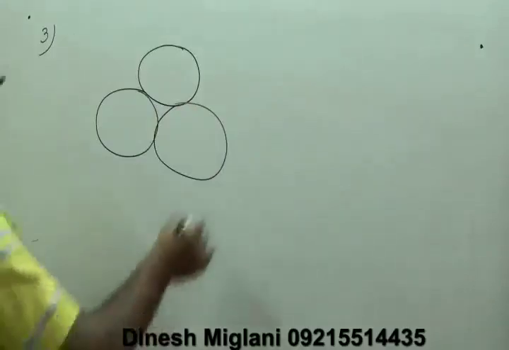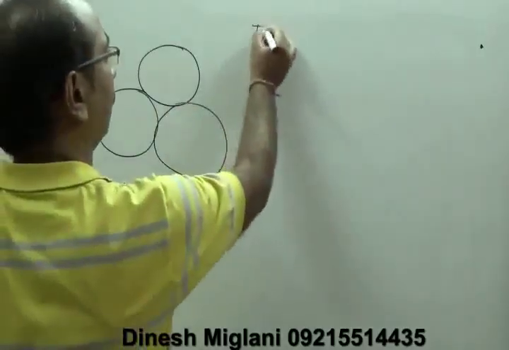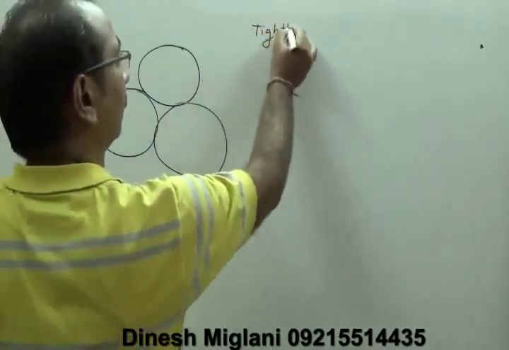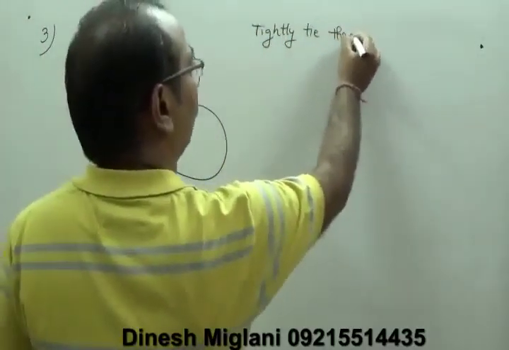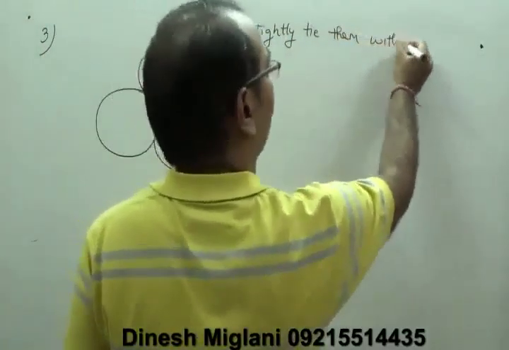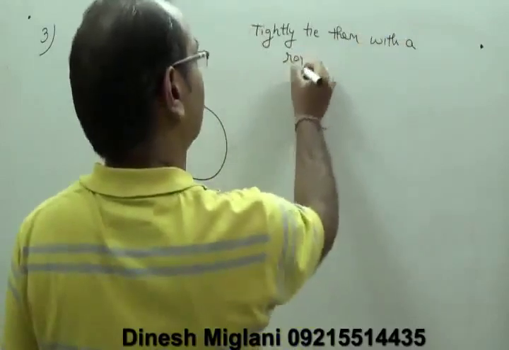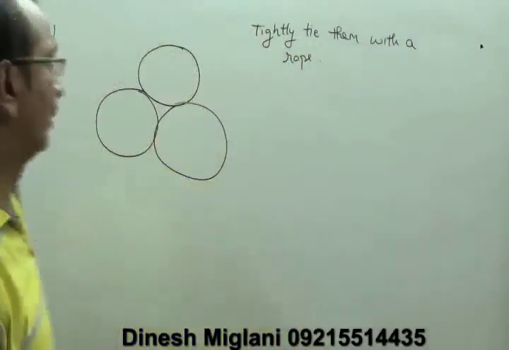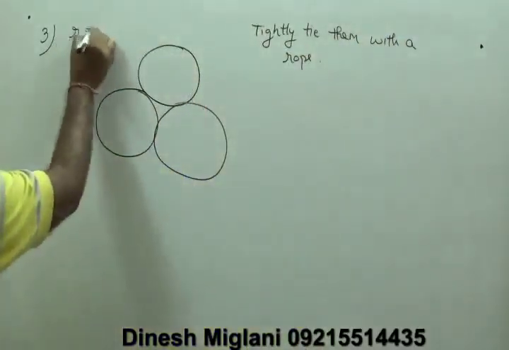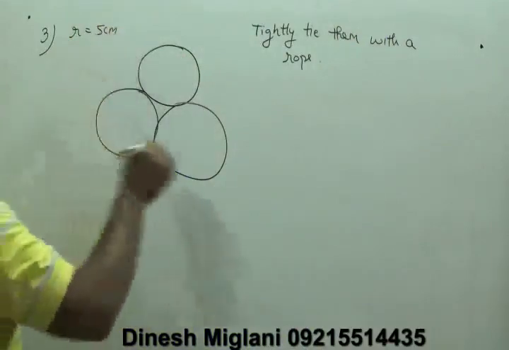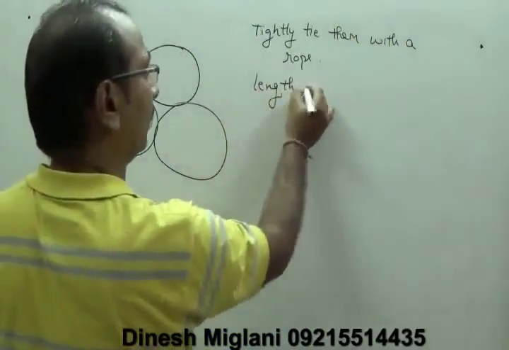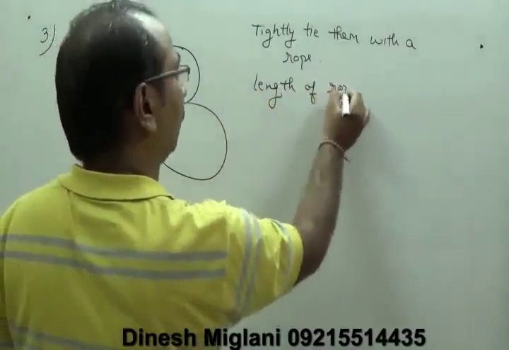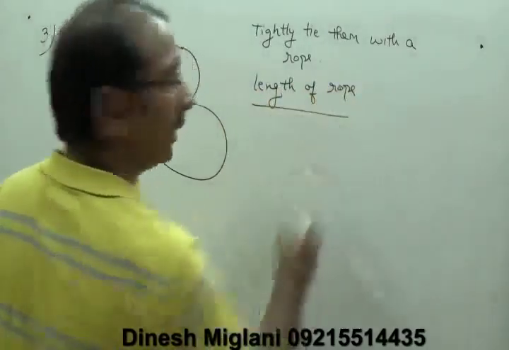We have to tightly tie them with a rope, right? If the radius of these coins is equal to 5 centimeter, find what length of rope is required. We have to find the length of rope that is required so that they can be tightly tied.